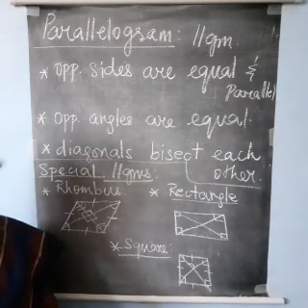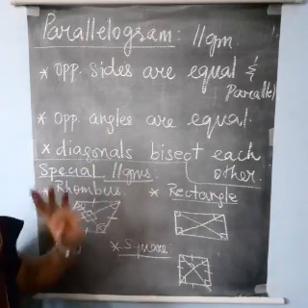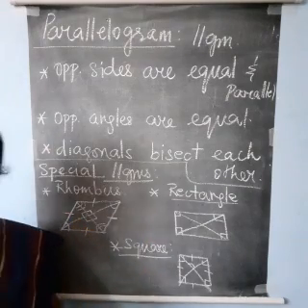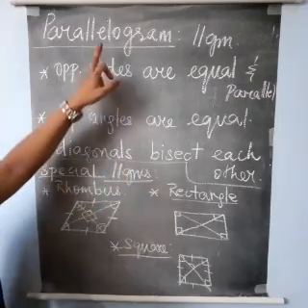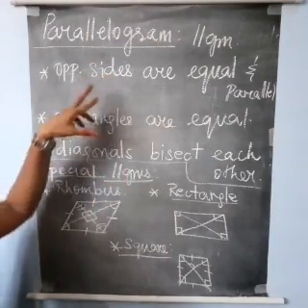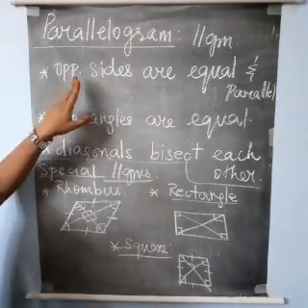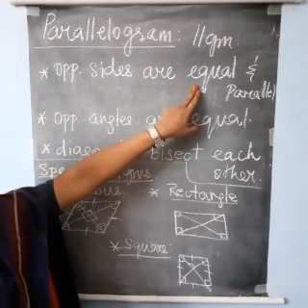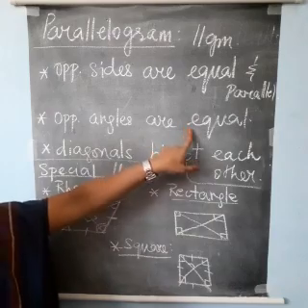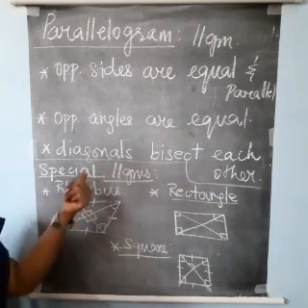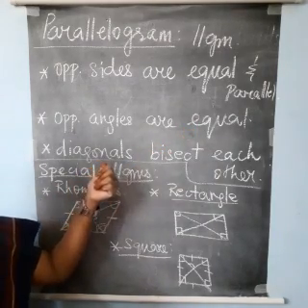Okay, so have you understood the properties of a parallelogram and the special types of parallelograms? Let us have a recap. Parallelograms are four-sided figures whose opposite sides are equal and parallel. Their opposite angles are also equal and the diagonals bisect each other.